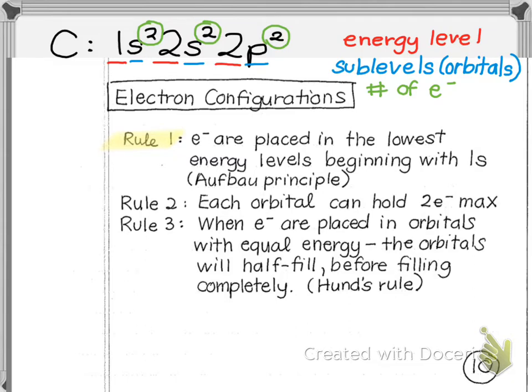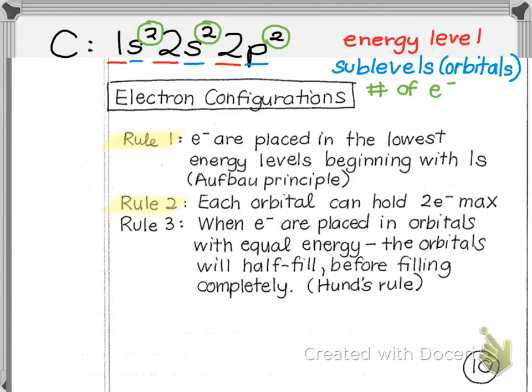The second rule says that each orbital can hold 2 electrons maximum. We've already talked about that, so we just have to keep that in mind. Remember, some sublevels, like the p sublevel, actually have 3 orbitals inside of them.